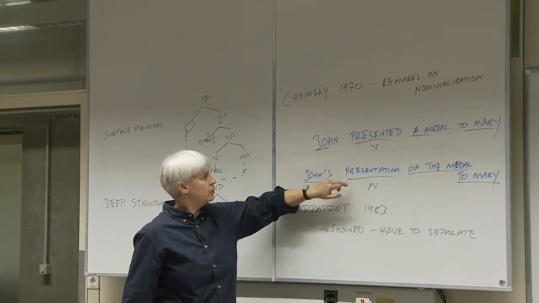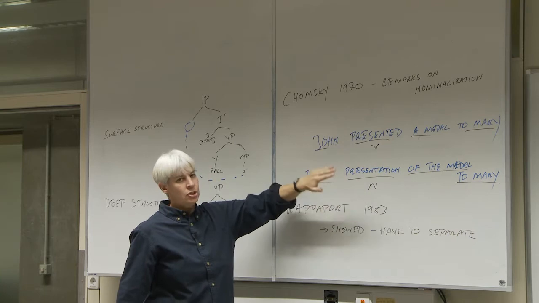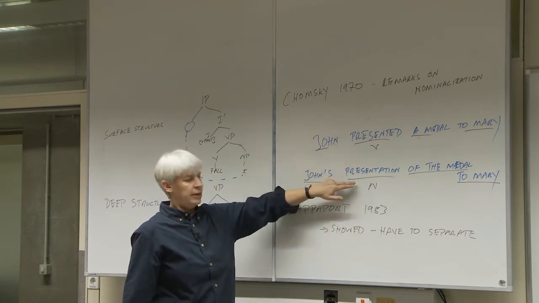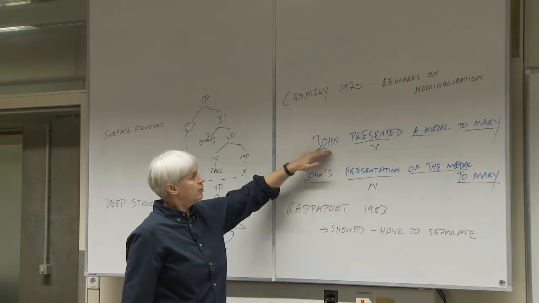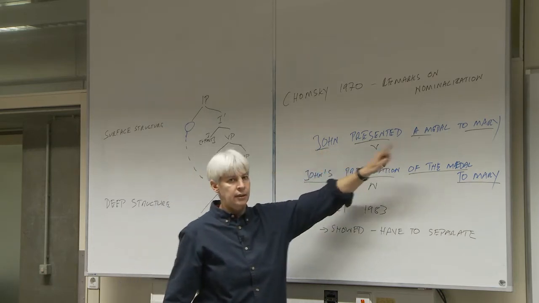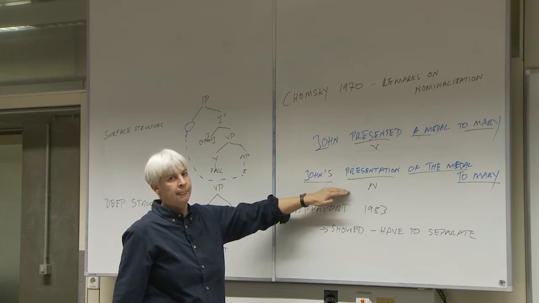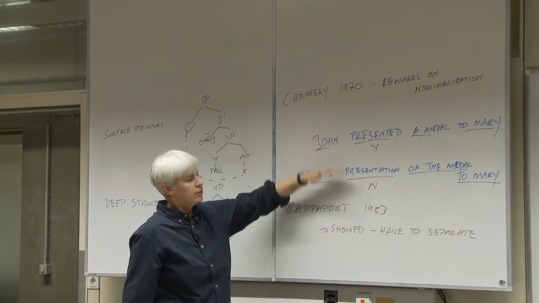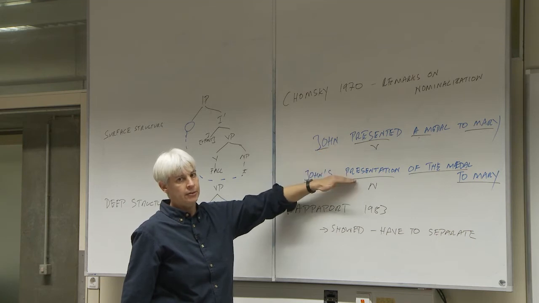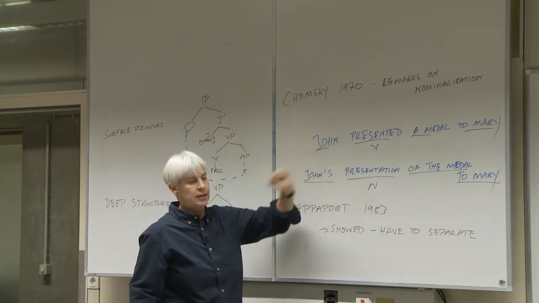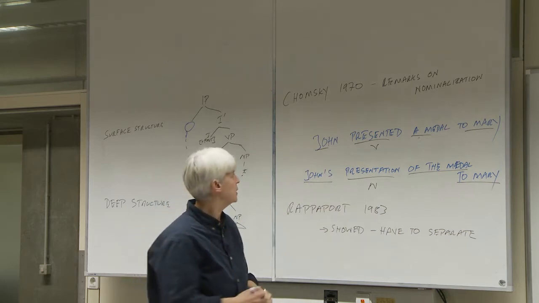And then he further noticed that nouns usually don't have arguments in that sense, but when you nominalize something, the arguments that the verb had are found, the same ones, with a noun. So he says there's a general relationship between verbs and nouns that you want to have some kind of generalization for.